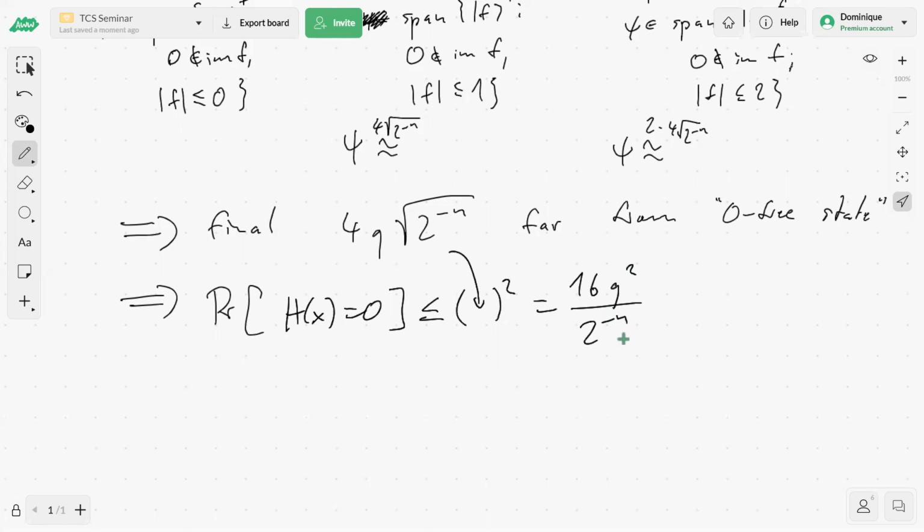So we have analyzed how hard it is to find a zero image, and we have used the new compressed oracle technique.